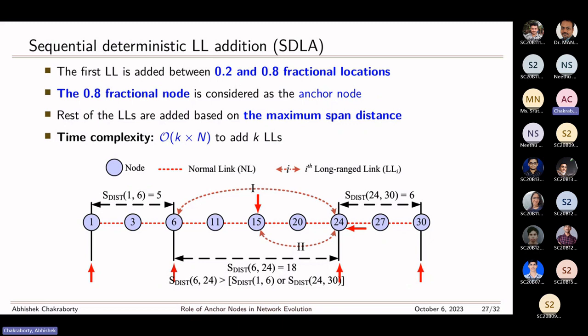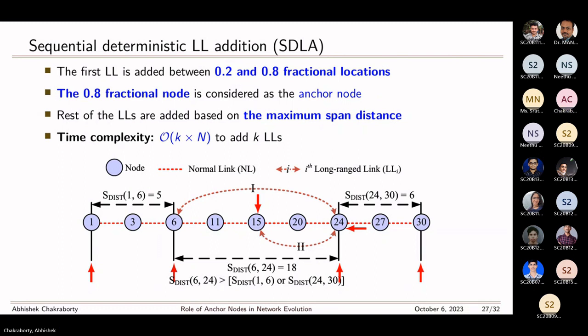Then you will have 24 as one end of the link, and for the span, whether 6 and 15 or 15 and 24, just add a link to the middle node. For example, for 6 and 15, 11 will be the middle node. So the next link will be added between 24 and 11.